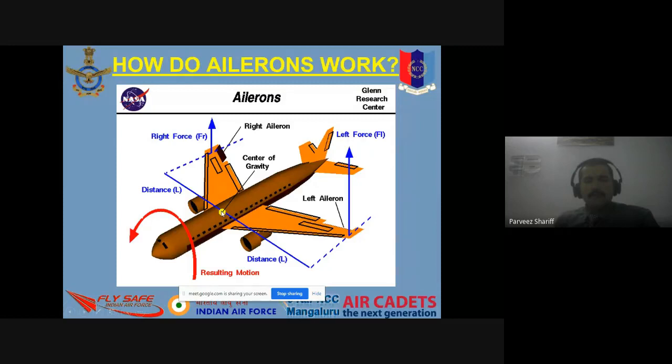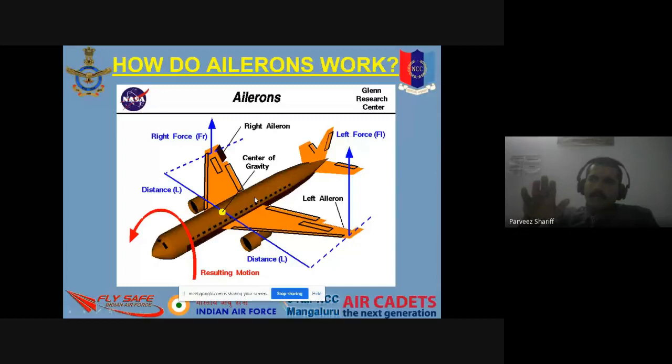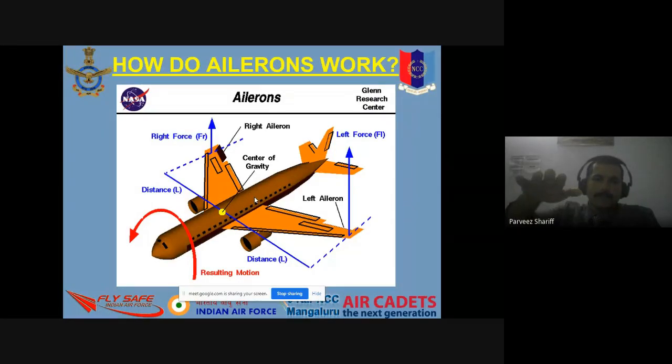Now the very important point is the CG. Normally it will be here, but it will tend to move based on whether you're moving upward, downward, or the aircraft is loaded. For example, if the back section, the fuselage, is heavily loaded, then your aircraft will be flying like this, which is not right. That has to be corrected. The pilot will make certain changes to bring it to level flight.